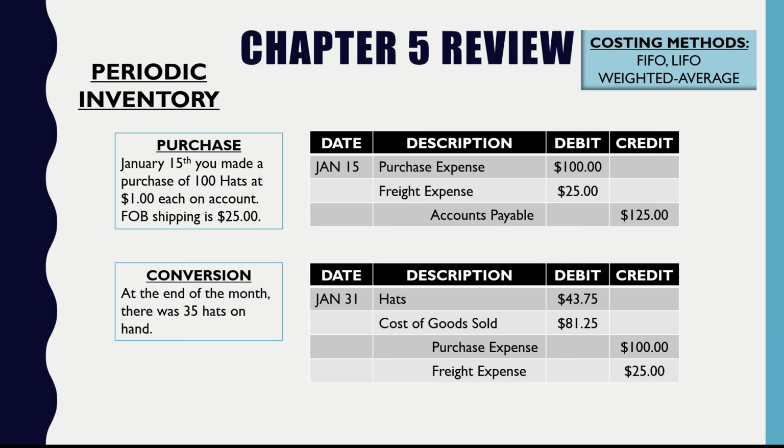So for the chapter review, once again, we have to look at how to make purchases of inventory: purchase expense, freight expense, and however you paid it. But because we're dealing with periodic inventory, at the end of a given period, depending on the scenario, we need to create a conversion entry, which allows us to take our purchase expense and our freight expense and convert them directly into inventory as well as the cost of goods sold.